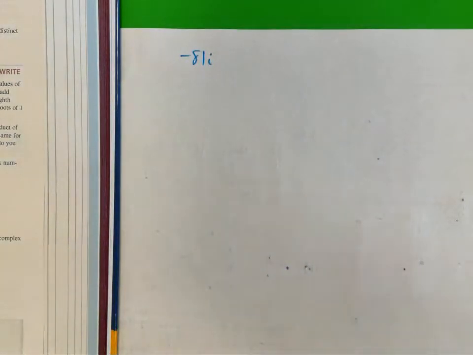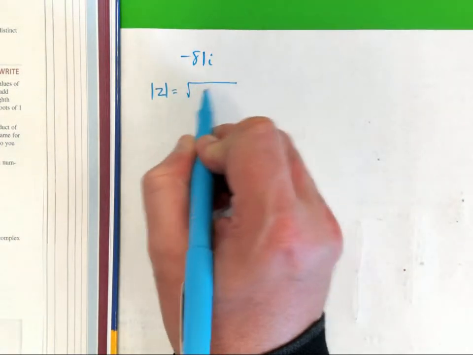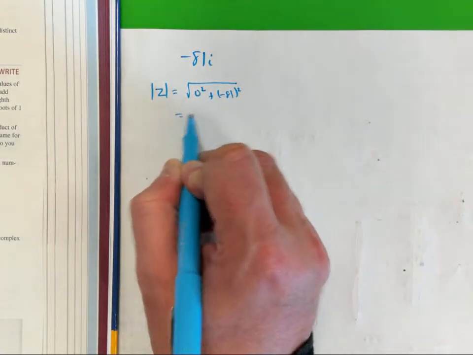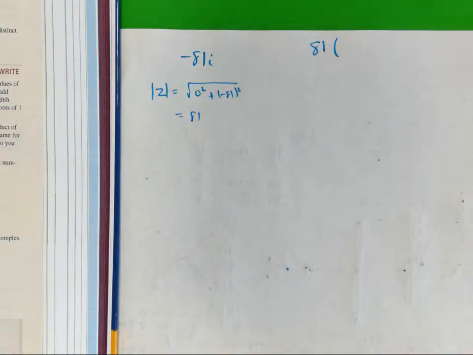Okay, negative 81i. I need to put that in polar form first. Z equals the square root of 0 squared plus negative 81 squared, which will give me 81. Now, if I was to graph negative 81i, where would that be?